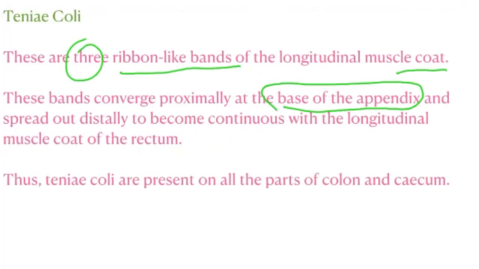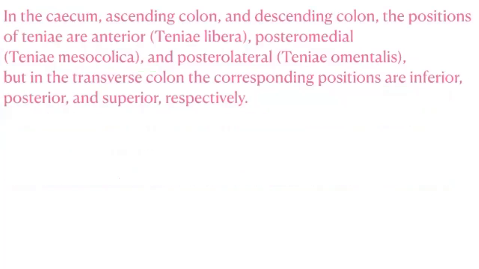Thus, taenia coli are present on all parts of the colon and cecum, right? In the cecum, this is important. In the ascending colon and descending colon, the positions of the taenia are anterior, called taenia libera; posteromedial, called taenia mesocolica; and posterolateral, called taenia omentalis.